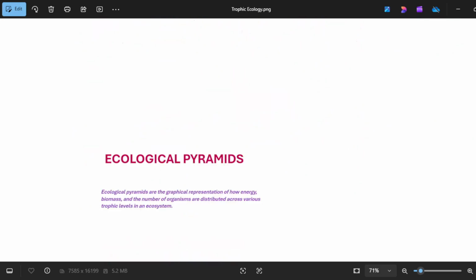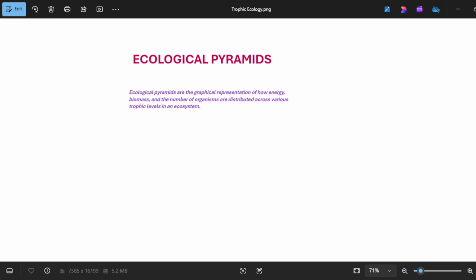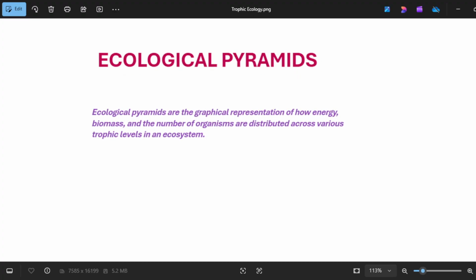Okay. So next, what we are going to see is the ecological pyramids. What are those ecological pyramids? Ecological pyramids are the graphical representation.